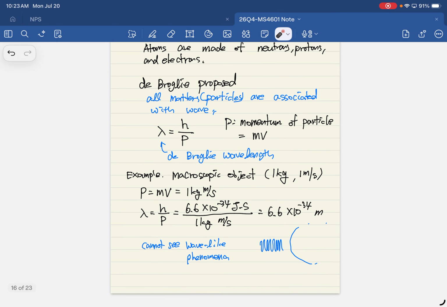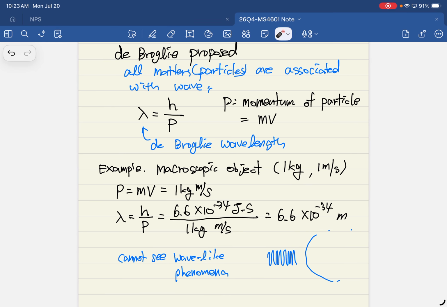If we calculate the wavelengths of macroscopic objects, the wavelength is much smaller than even atom size.